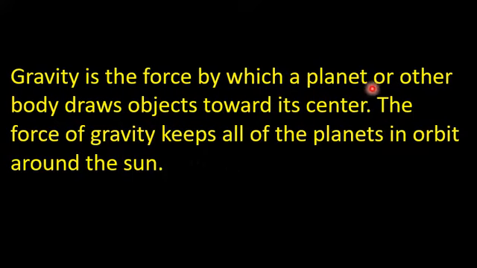So we can say that this is the force of any object or any planet which draws other objects towards its center, and this is the gravity which is responsible for all planets moving in a circular orbit around the sun.